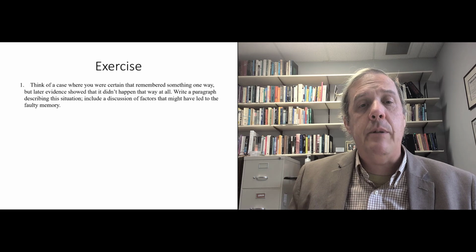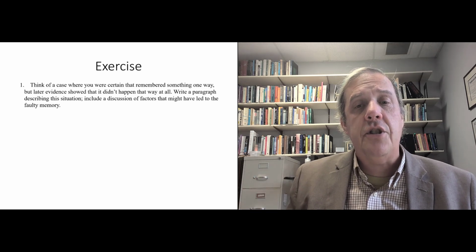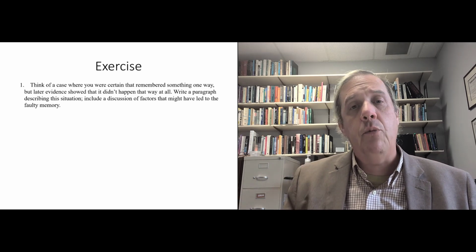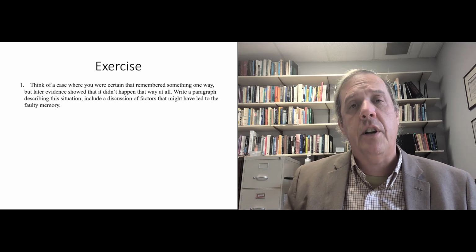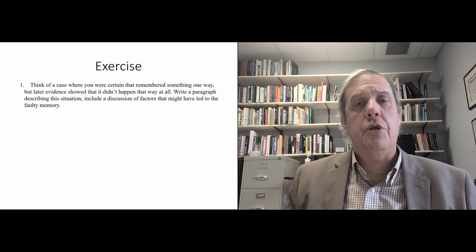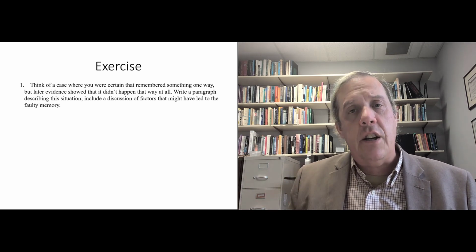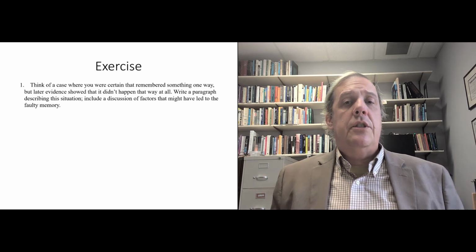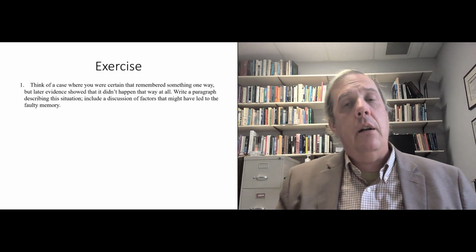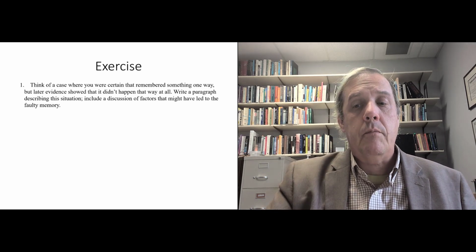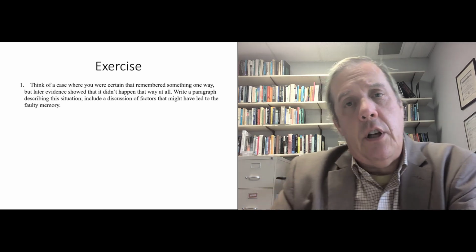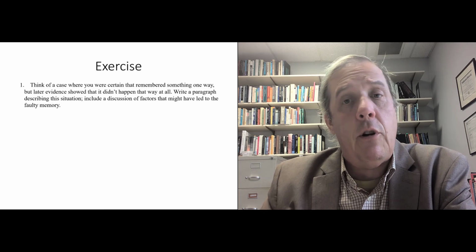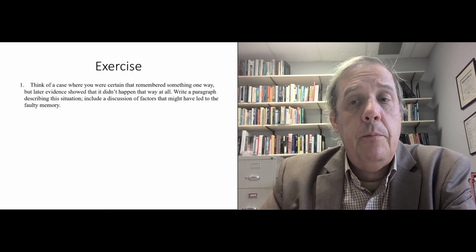Write a paragraph describing that situation and include a discussion of the factors that might have led to the faulty memory. This is going to serve the same role the previous exercise did, give you sort of an emotional mental anchor for all of our discussion of the way memory works this time, to see how memory can fail. So if you haven't done that exercise, pause now and go ahead and do it. If you have already done the exercises, we can just move forward.